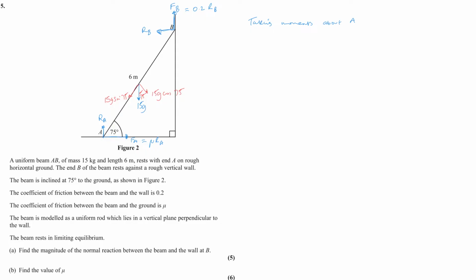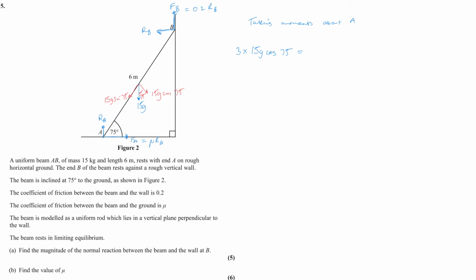Now 15g cos 75 is a distance of 3 away from A, so it's 3 times that, and that is the one going in a clockwise direction. Now both these are going to end up going in an anti-clockwise direction.